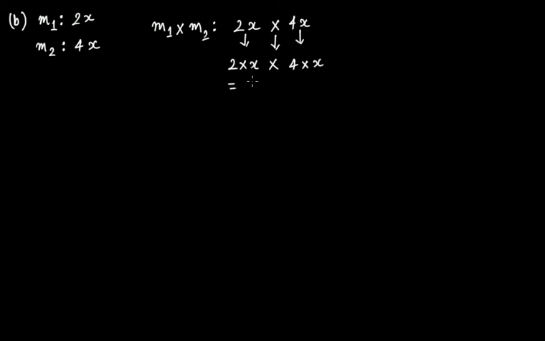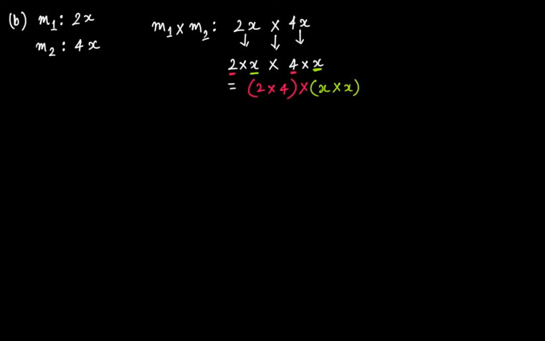Now this can be written as this 2 and this 4, group them together and multiply, then multiplied by this x and this x, the variable of this monomial and the variable of this monomial. You group them together, so this is x multiplied by x.